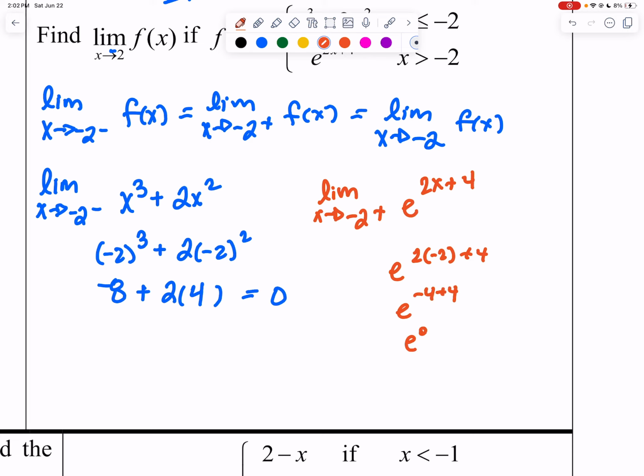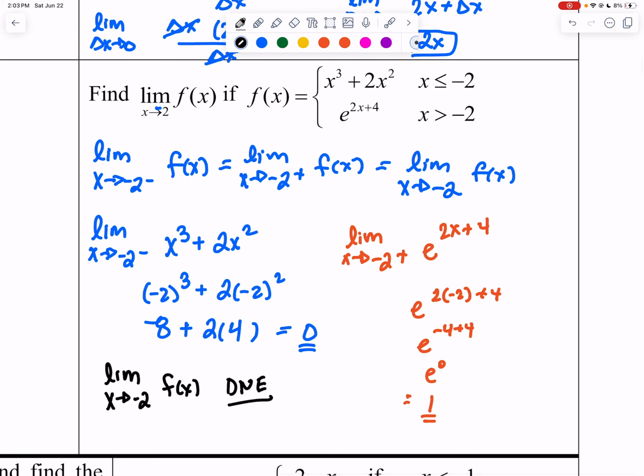I'm going to get e to the 0, which is 1. So notice how I have a limit of 0 and a limit of 1. Because they are not the same, this tells me that the limit as x approaches -2 of f of x does not exist.